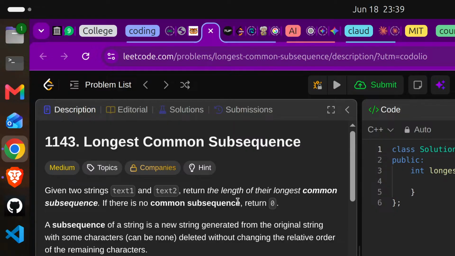And if they were equal, then 1 plus we move forward.